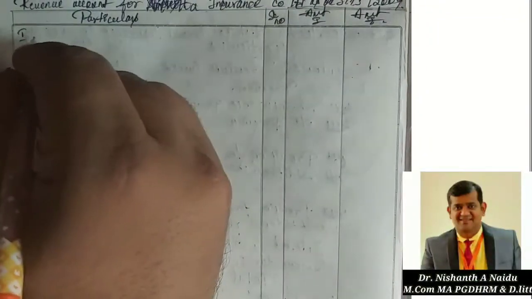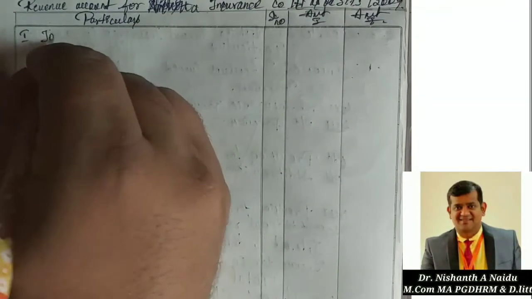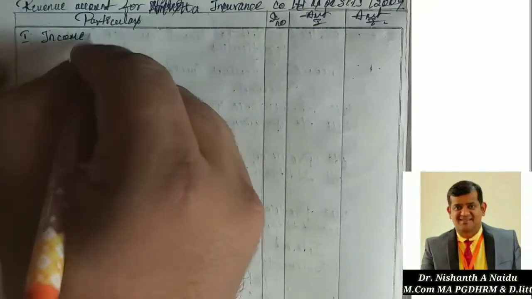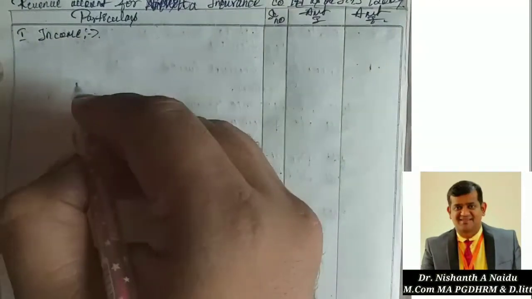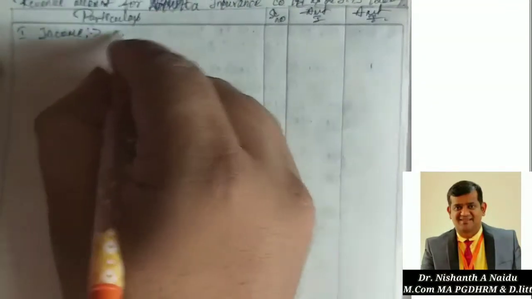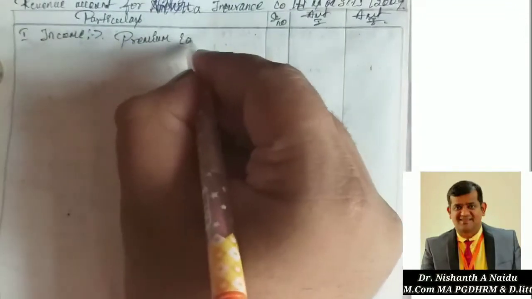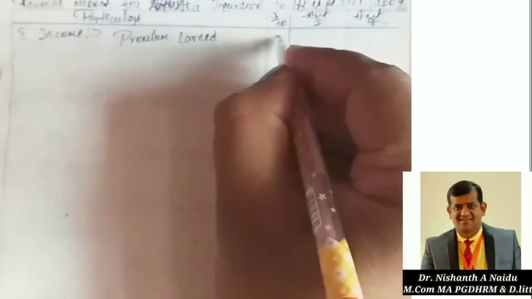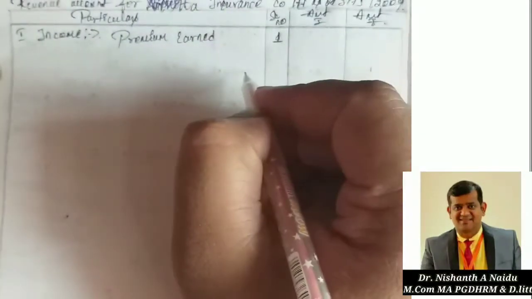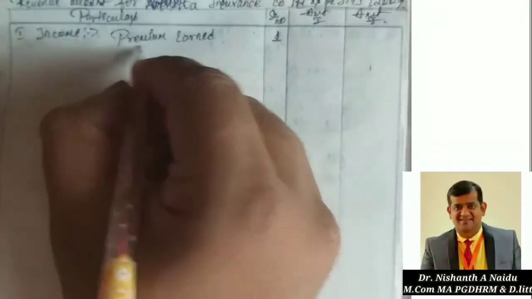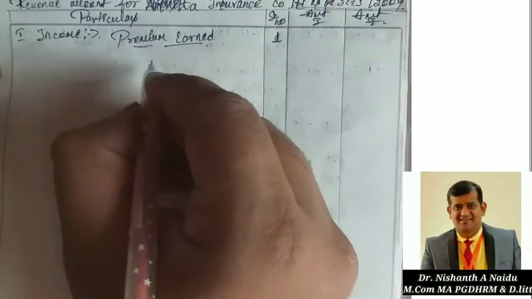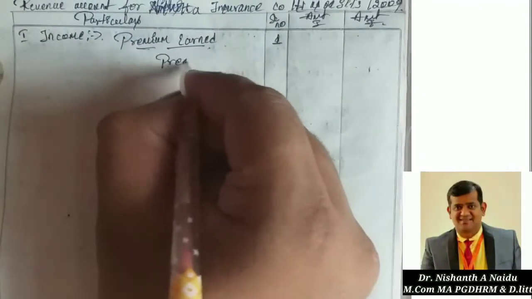Okay, in the first main heading we always have income. That is always income. So in income we always have premium earned, schedule number 1. Under that, premium. So how much premium?